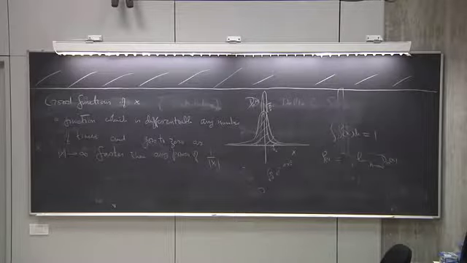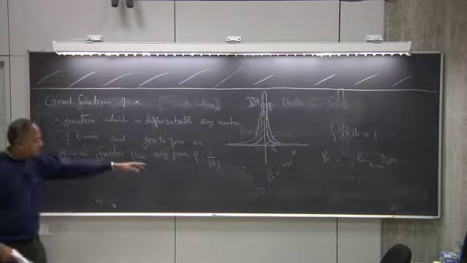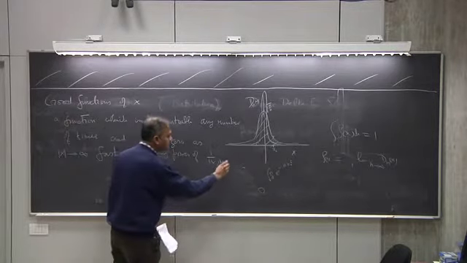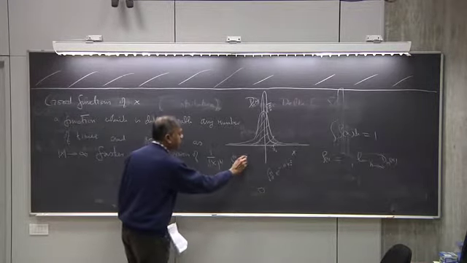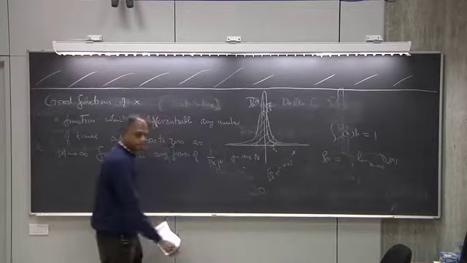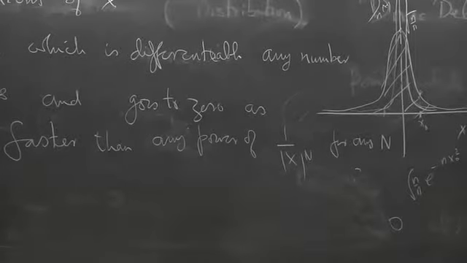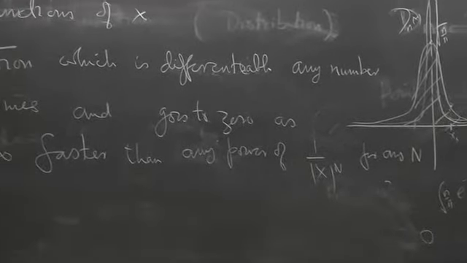So it is like exponentially suppressed. That is, faster than 1 over x to the n for any positive n; it goes to 0 faster than that. That's what is called a good function.